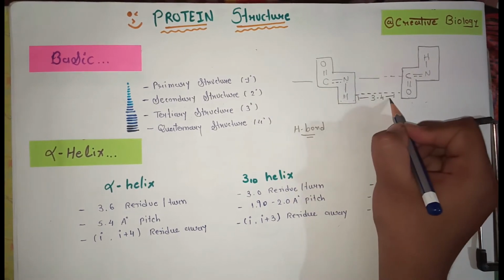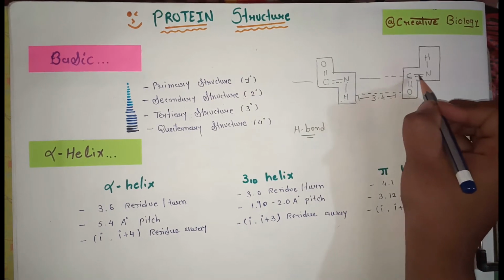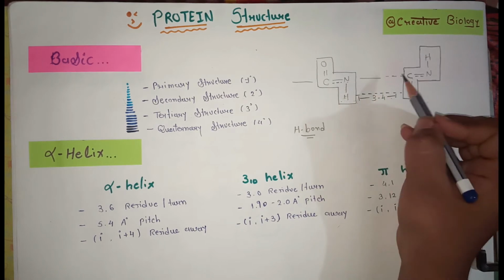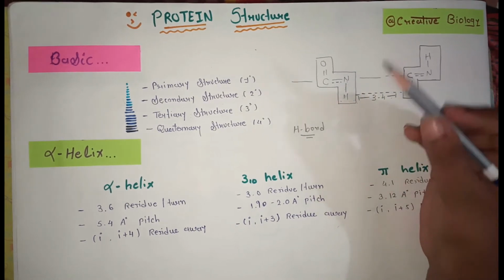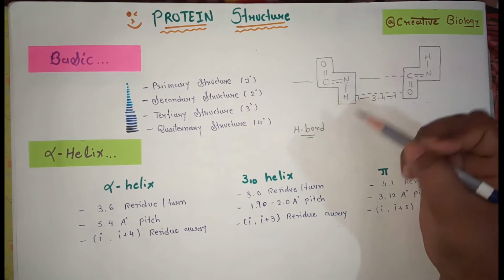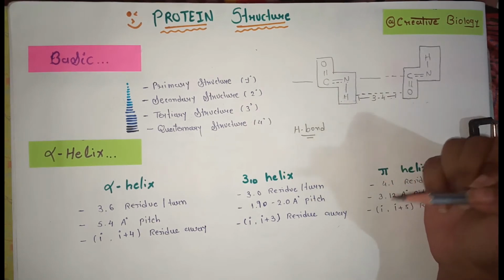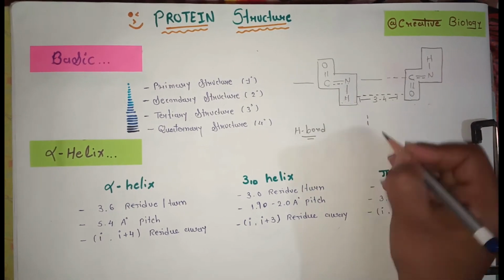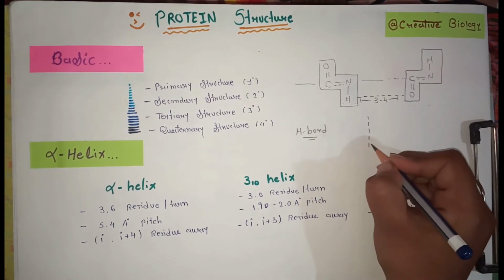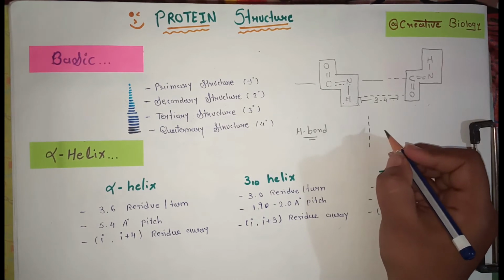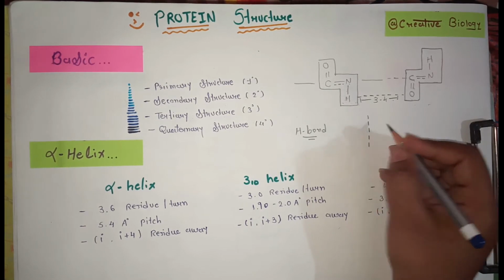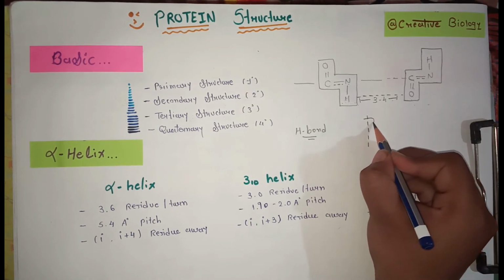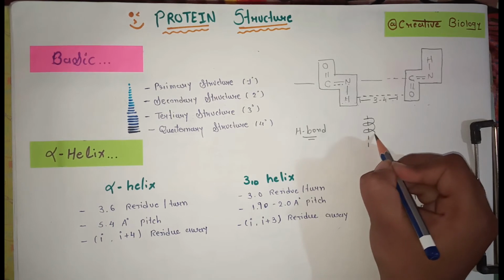Due to this hydrogen bond, they can coil, or we can say compress. We can easily understand it by a rope wound around one axis, or we can say a cylinder. Here you have to assume one axis, not any cylinder-like structure, but assume it like this, and one rope that is wound around this helical axis.